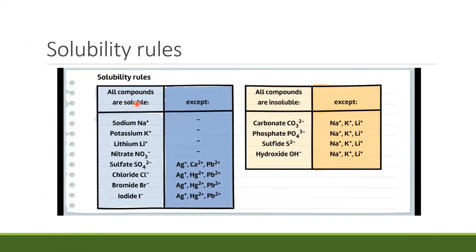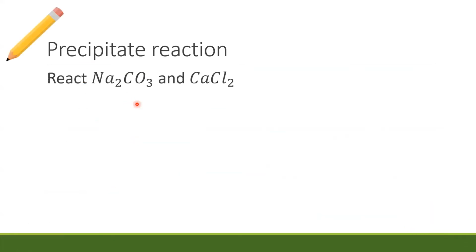So the last thing we're going to do is this one here. What happens if I react Na2CO3 with CaCl2? Will there be a precipitate reaction? How do you work this out?